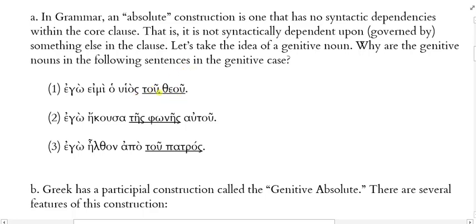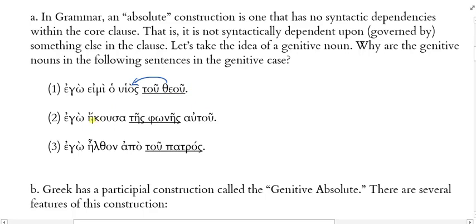Okay, so there is a relationship that theos and huios have, right? And when I say this, I'm saying that I am whose son? God's son. So there is a genitive relationship between one noun and the other. Okay, so it's genitive for that reason.